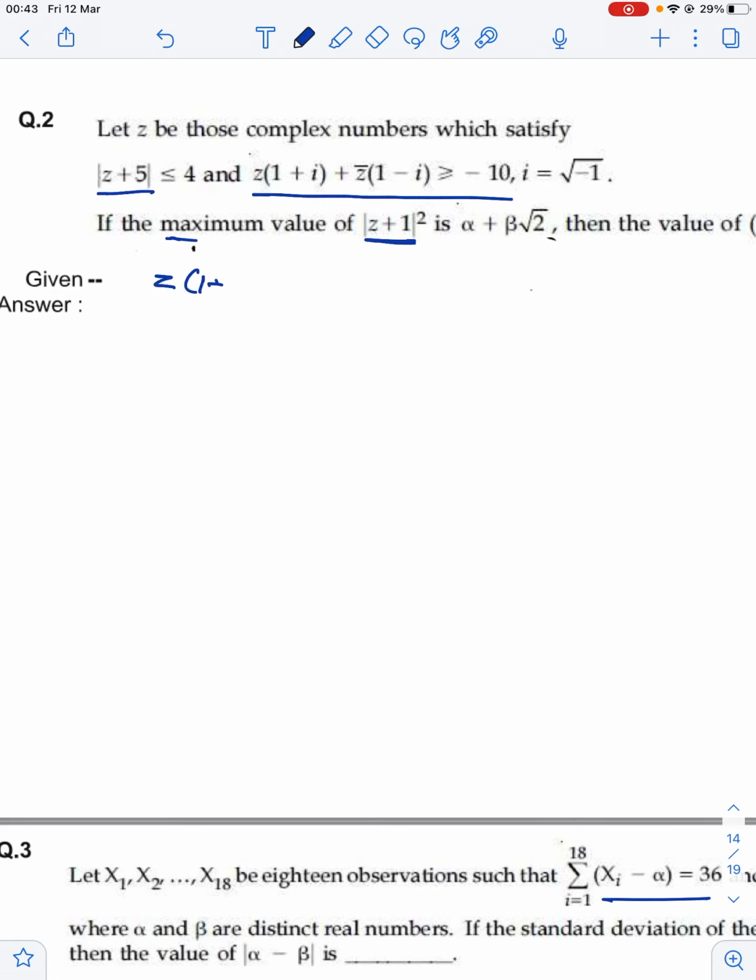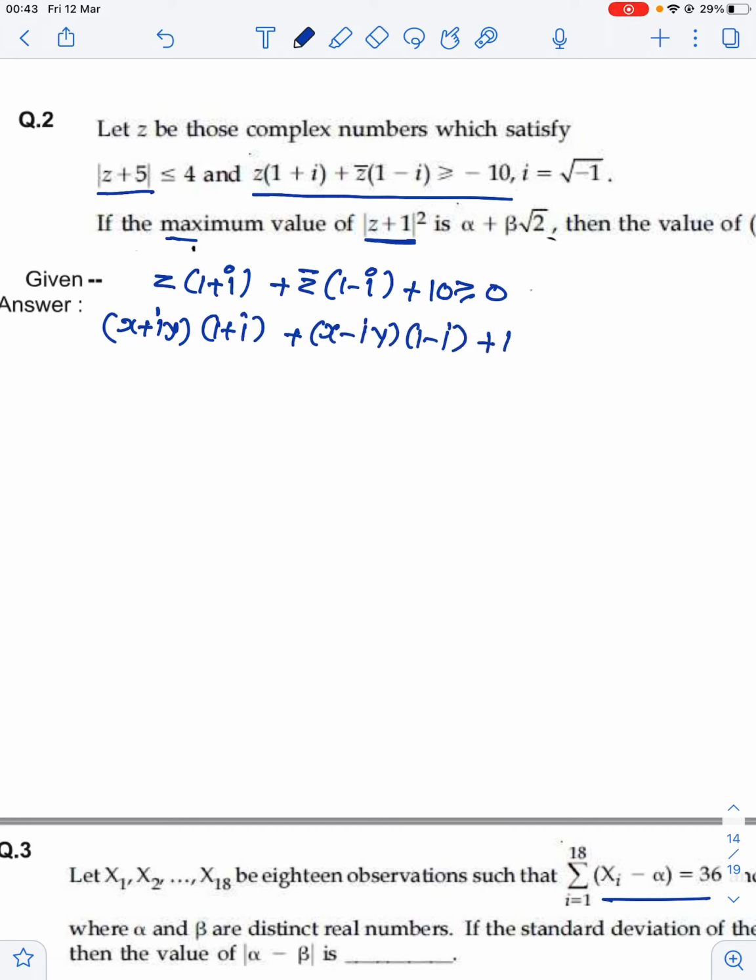So for z bar plus i plus z bar minus i plus 10 greater than or equal to 0, if I put z equal to x plus iy and expand it, we'll have x minus y plus 5 greater than or equal to 0.